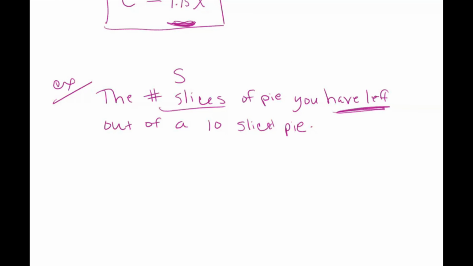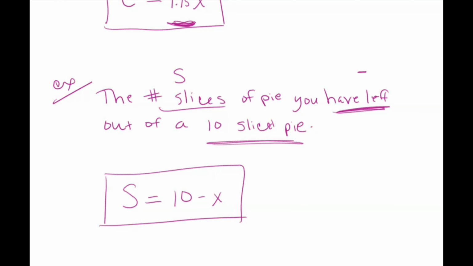What operation could that denote? So you're thinking it's addition, subtraction, multiplication, or division. Well, if you take some away, what you have left usually indicates subtraction. And then out of a 10 slice pie, so that's how many we were starting with, right? So the number of slices you have left when you have a 10 slice pie and you ate some. So that is going to tell you how much is left.